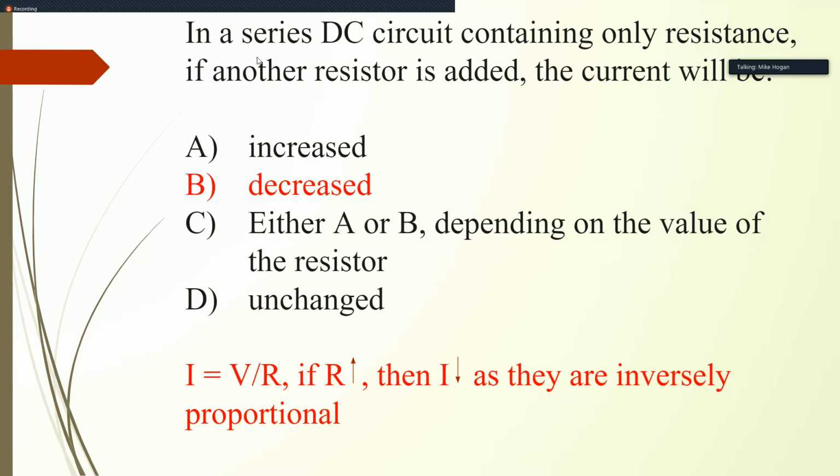Certainly, if it was in parallel and we add another resistor, that's when that notion applies that the total resistance is always going to be smaller than the smallest resistor. We would add another resistor, which also adds another path for current to flow in parallel, which could increase current. But in series, I add resistance. The more resistance I add, the less current I'm going to get.